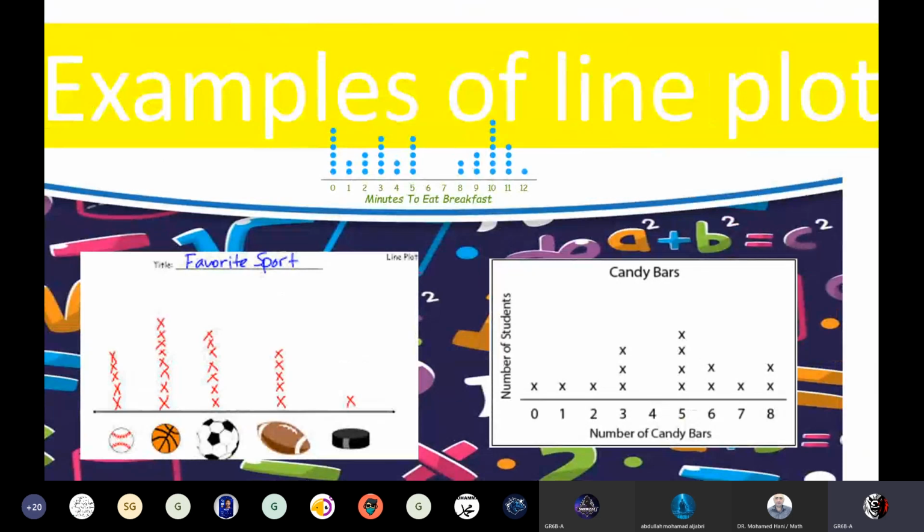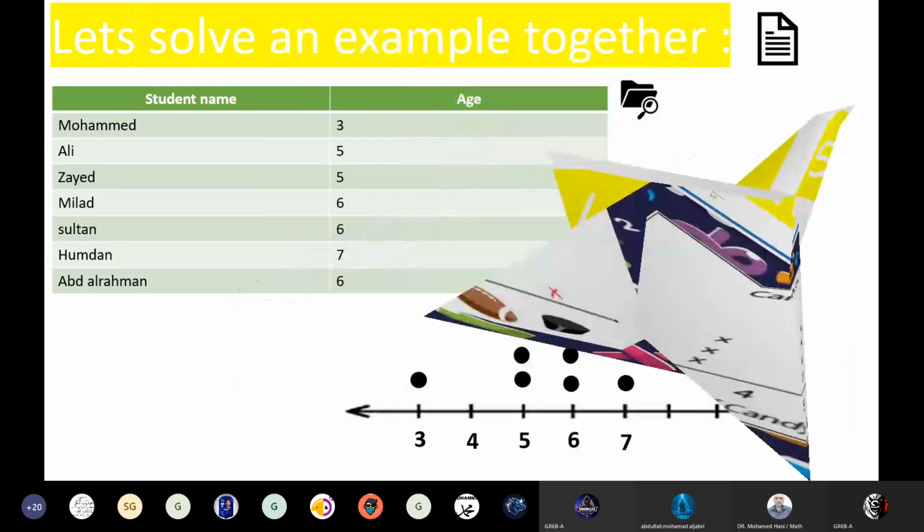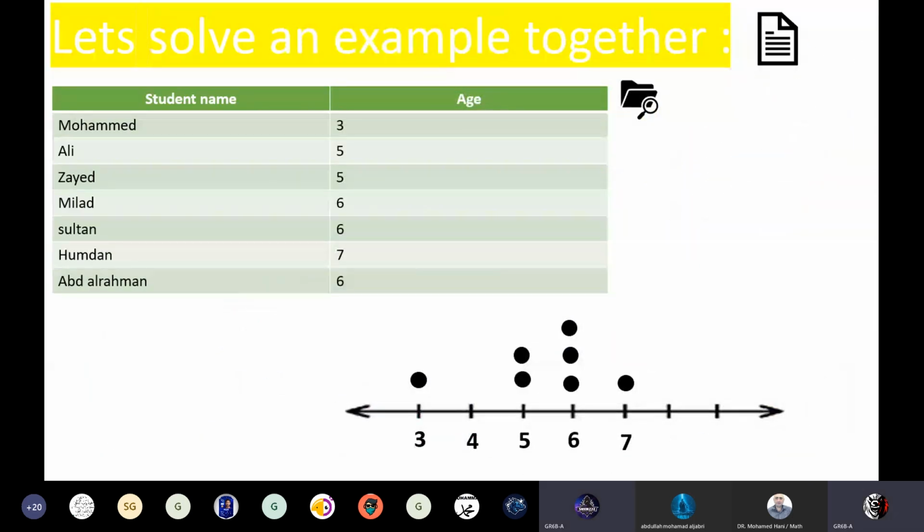Example of line plot. Let's solve an example together. The students' names were Muhammad Ali, Zaid, Milad, Sultan, Hamdan, Abdul Rahman. Here we have the age.